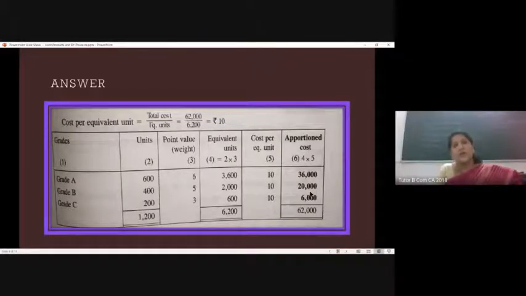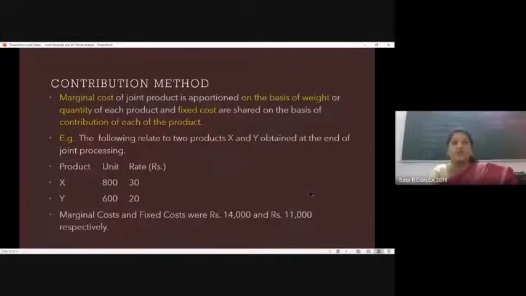That depends on industry. It varies from industry to industry. And then we find out the equivalent units, which is used for finding out the cost of apportionment. And the last method, which we are going to discuss in today's class, is yet another simple method, called the contribution method.